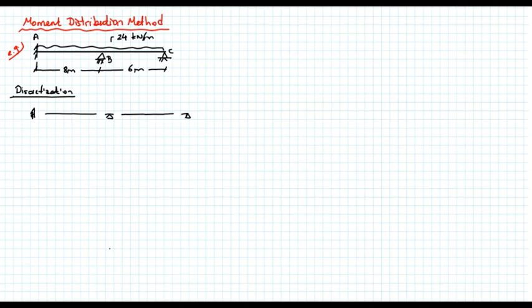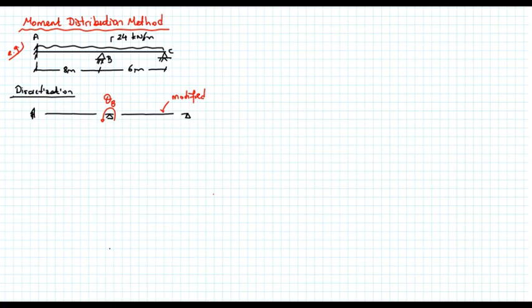And the degrees of freedom, I have rotation here, theta b. And if we use the modified equation for this member, we can eliminate the rotation at point C. In other words, I don't have to calculate the value of that rotation. This is our approach in the slope deflection method.